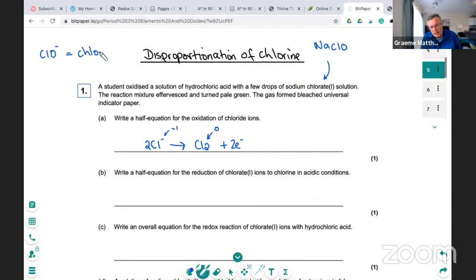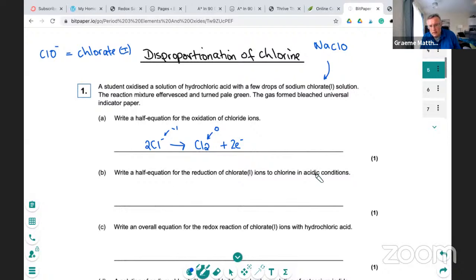So when you're in this module, what I recommend you do is write these down on Quizlet, on Flashcard Hero, or on a piece of paper, a little index at the back of the book: these are polyatomics you need to know. So this is my chlorate 1 right here.